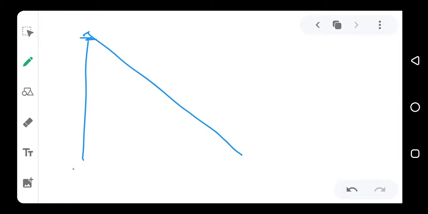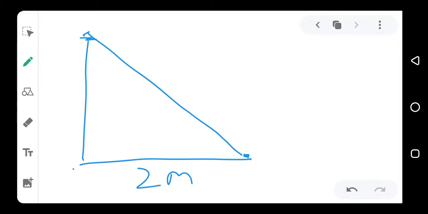Now, this is your house, and somebody is on top of the house, a carpenter. He throws a rope from the top. The rope will fall like this, then to the floor. Now, they say that the distance between the house and the rope, where the rope falls, is 2 meters. So we join this place. This is 2 meters.